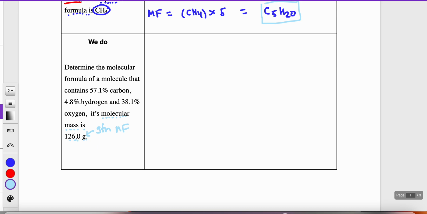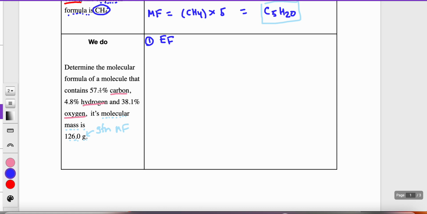But we are not given the empirical formula. Instead, we're given empirical data. We're given the percent composition of the elements found in the empirical formula. So we know that there's carbon, hydrogen, and oxygen. So in this particular problem, the first step is we have to come up with the empirical formula. So we have to figure out this empirical formula.